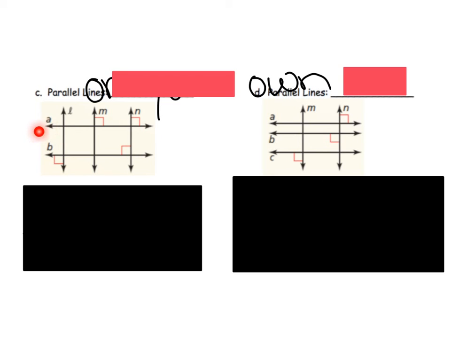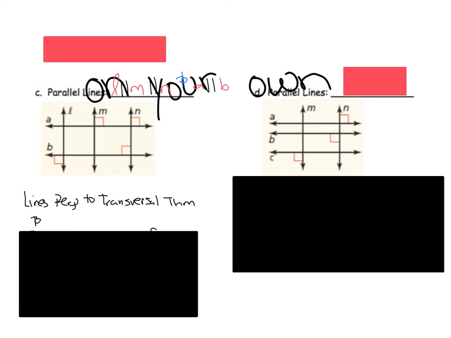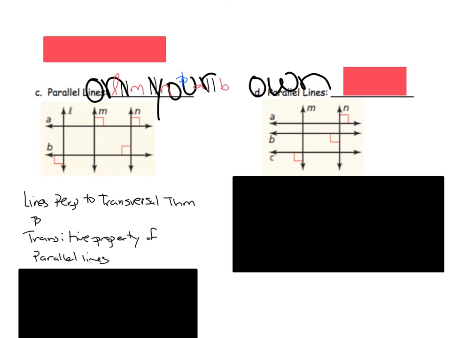And then I do note also that line A is perpendicular to line M, and line A is perpendicular to line N. So we can conclude then that A and B would have to be parallel. And we actually have another situation. L, M, and N are in fact all parallel to each other. Reasonings are the lines perpendicular to a transversal theorem and the transitive property of parallel lines.